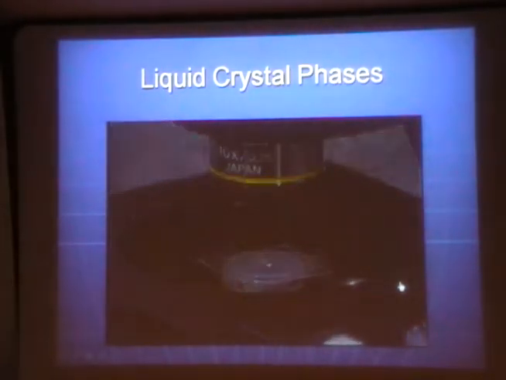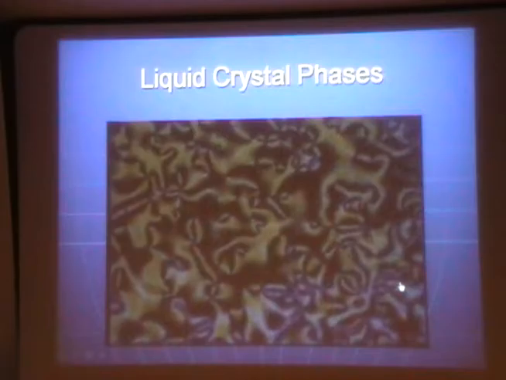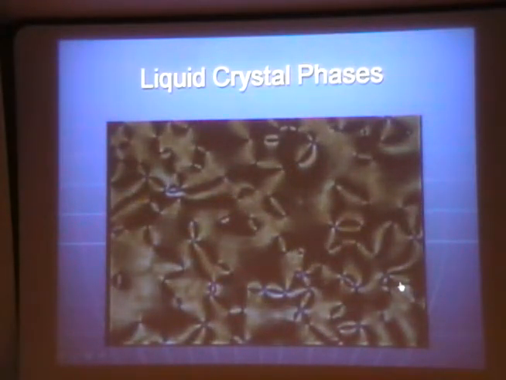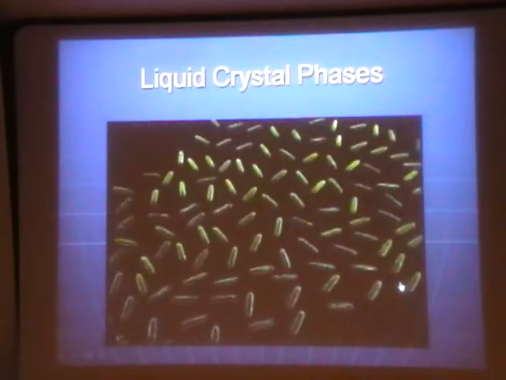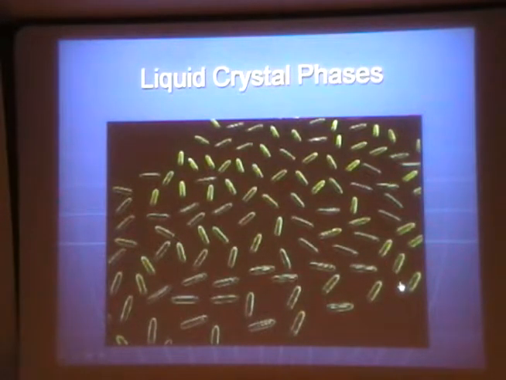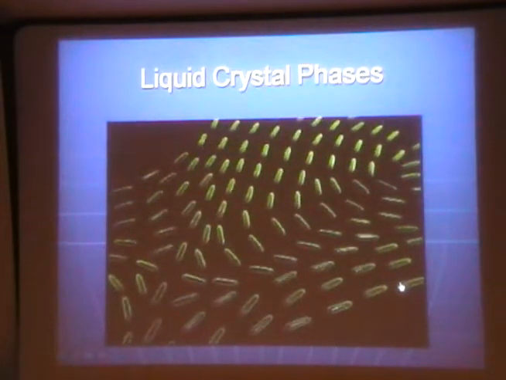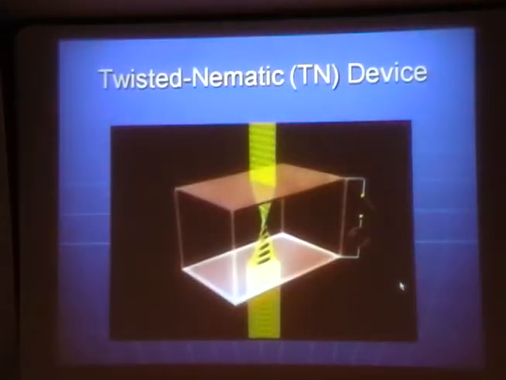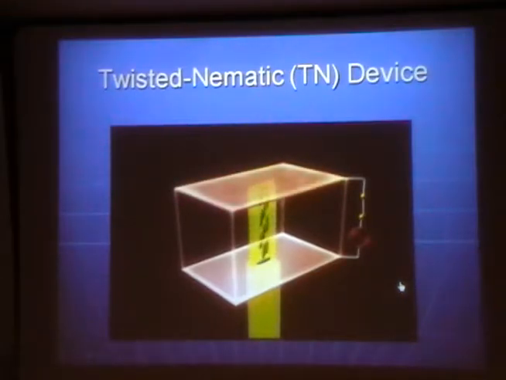So this is just a video showing how the transition takes place. Schlieren texture emerges, and as soon as you have an aligning layer, instead of just having this fairly random Schlieren texture, you end up with a uniform so-called monocrystal liquid crystal, which is usable in a twisted nematic display like this.